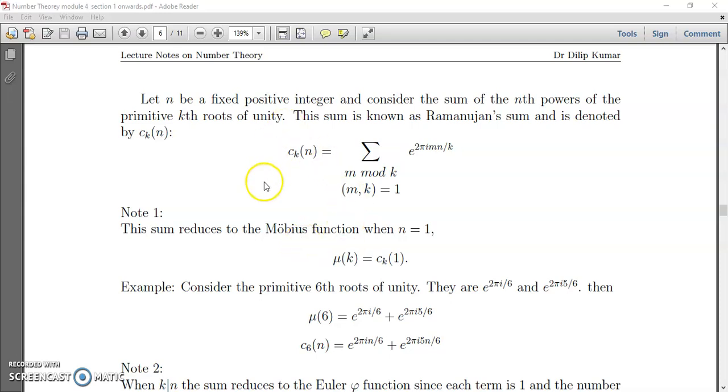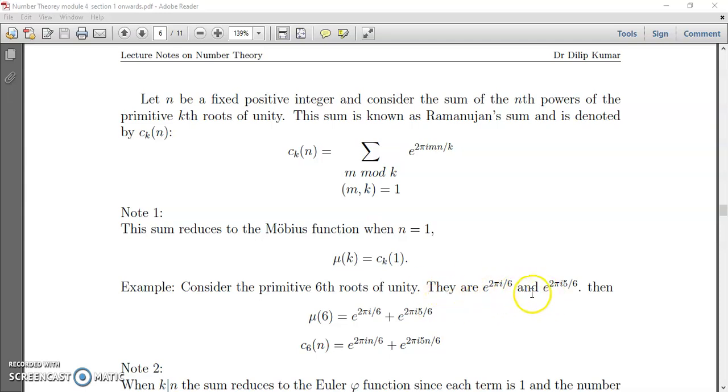Now let us see one example related to this. Suppose I am considering the primitive sixth roots of unity. We have already studied that the primitive sixth roots of unity are e raised to 2 pi i by 6 and e raised to 2 pi i 5 by 6.